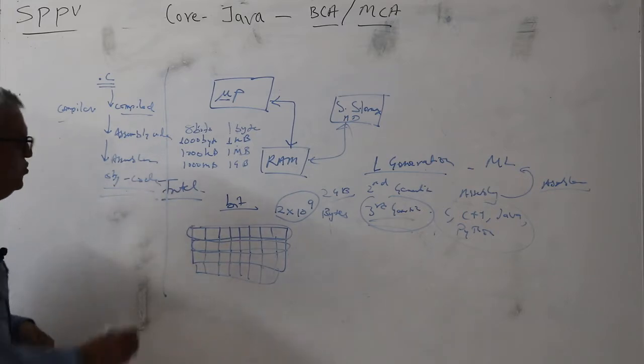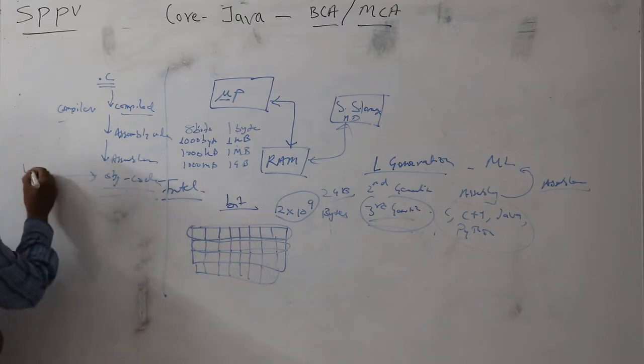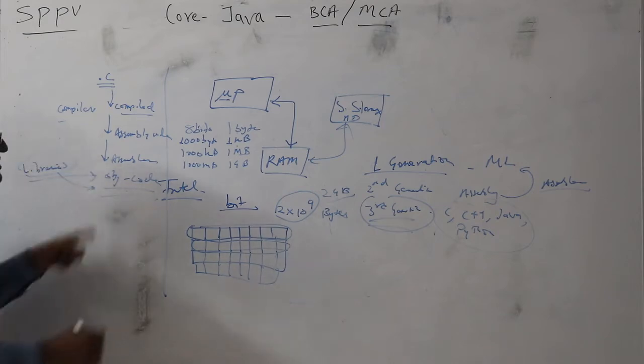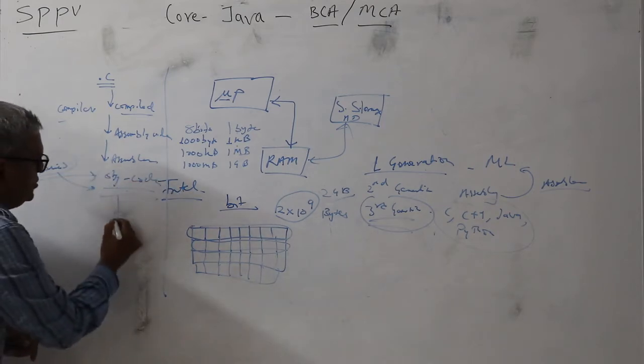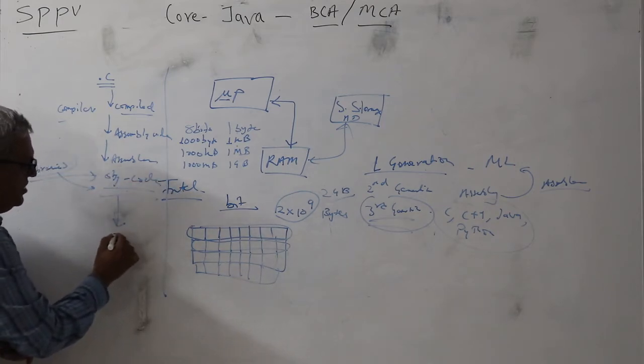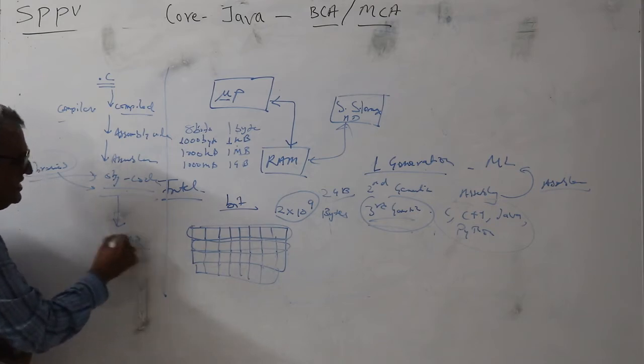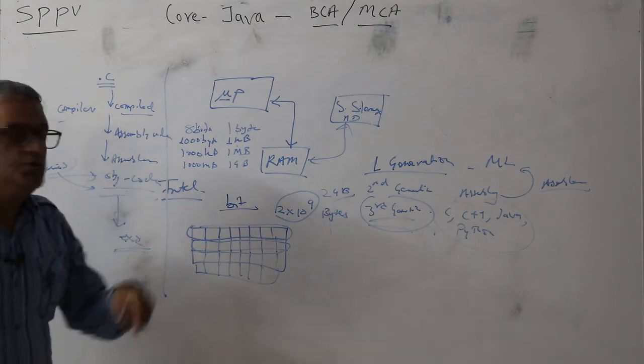There are libraries which are linked with the object code to give you machine level code, which is nothing but your .exe or the executable.